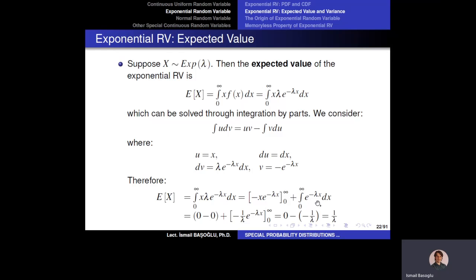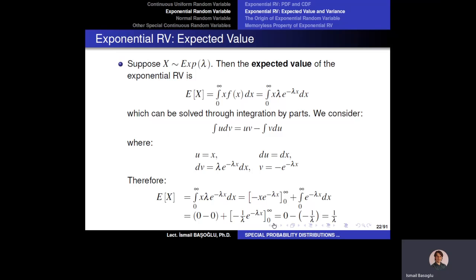So we need to compute the integral of e to the power minus lambda x, and the coefficient in front of the power in an exponential function gets in front of it by taking the multiplicative inverse of it. So there is a minus 1 over lambda here, e to the power minus lambda x, and if you plug in these values again, if you first plug in infinity, you are going to get e to the power minus infinity as 0.